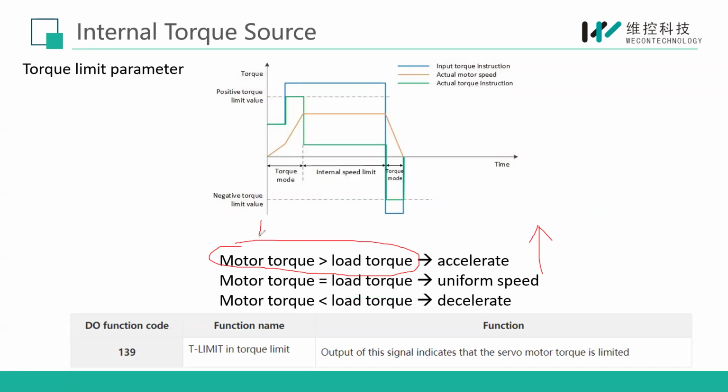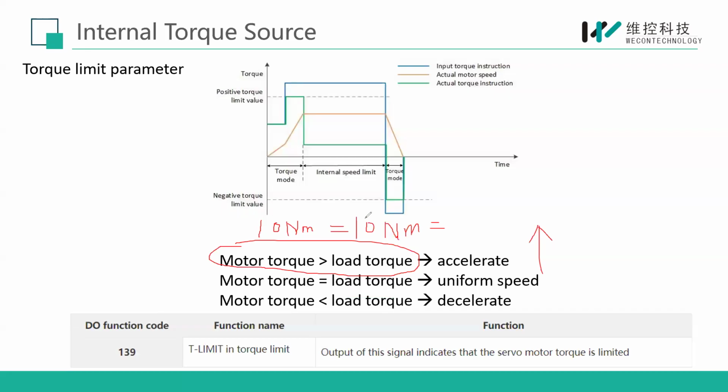For example, we set the torque as 10, and our load torque is also 10. Then the motor will keep its speed.